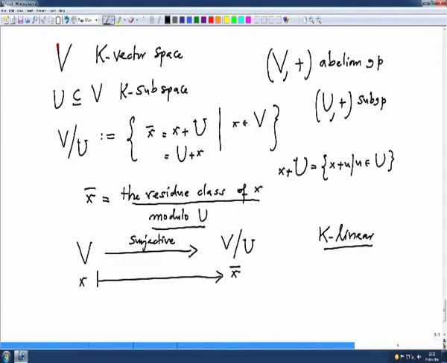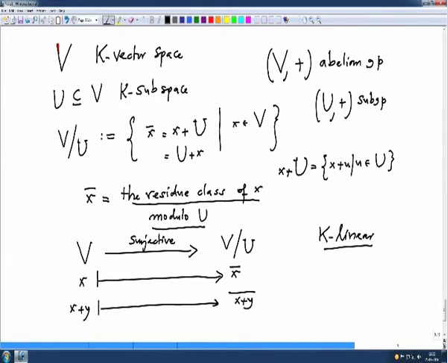Then I want to check this map is K-linear. So let me define therefore the addition on V/U and also scalar multiplication, and obviously it will come from the addition of V and the scalar multiplication of V. And what do we want? K-linearity means x + y, by definition, goes to (x + y) bar.